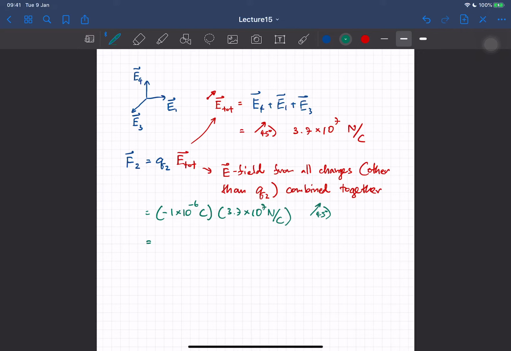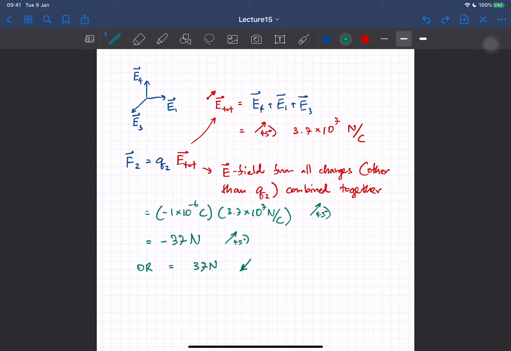So if you calculate this, you get minus 37 Newton in the northeast direction, or you can just flip the sign. You can say it's 37 Newtons in the southwest direction like this. So you can see that it's the same answer that we got last time.